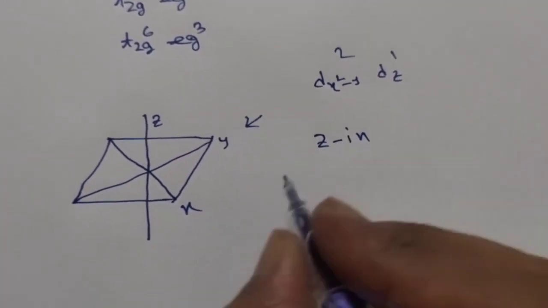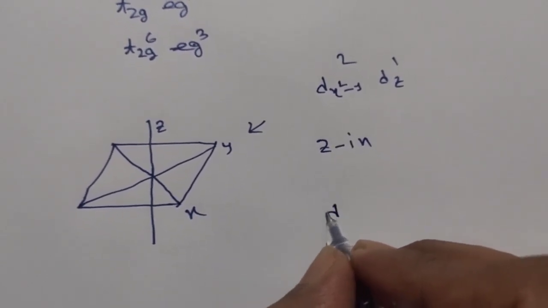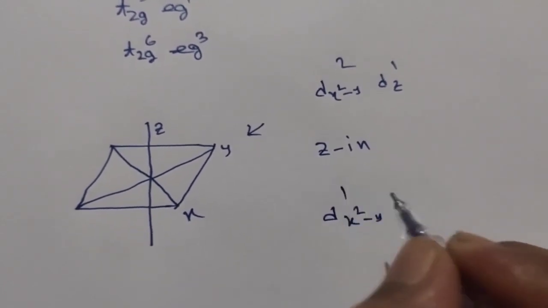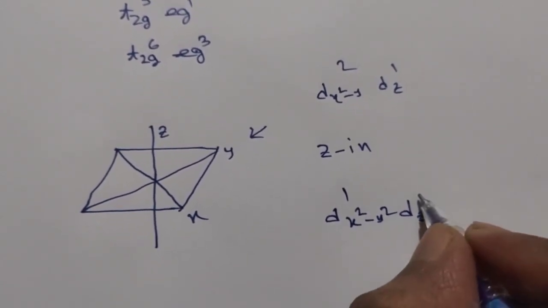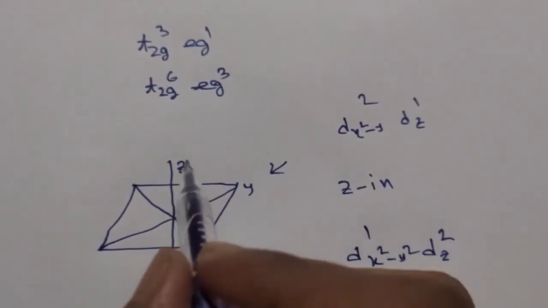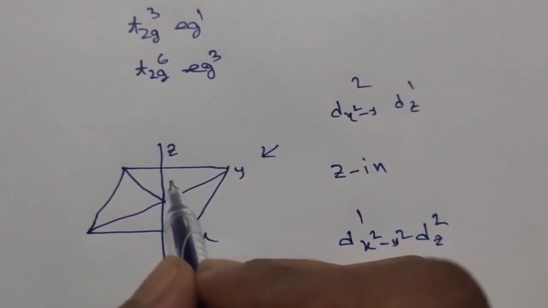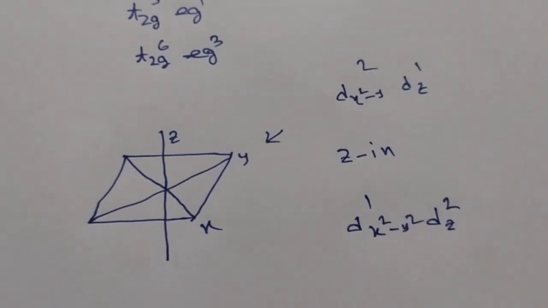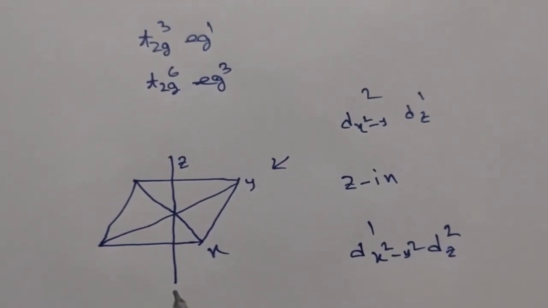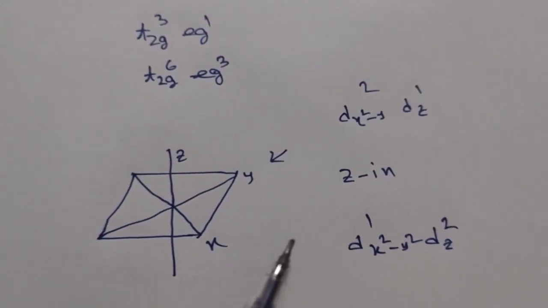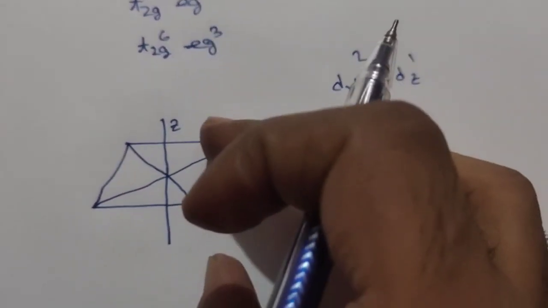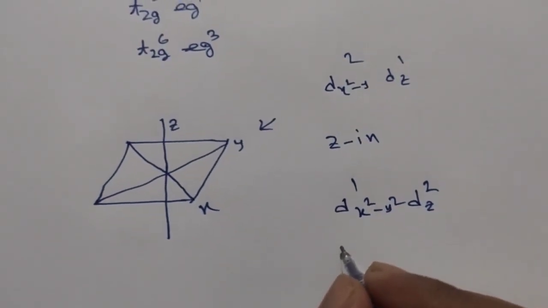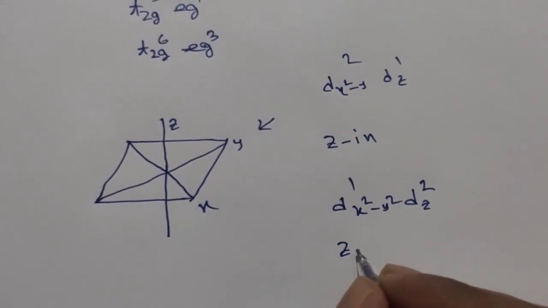Similarly, if the configuration is dx square minus y square having 1 and dz square having 2, the ligands coming along the z axis will be repelled more than along the x and y axes. So there will be some elongation of bonds along the z axis, and this distortion we term Z out.